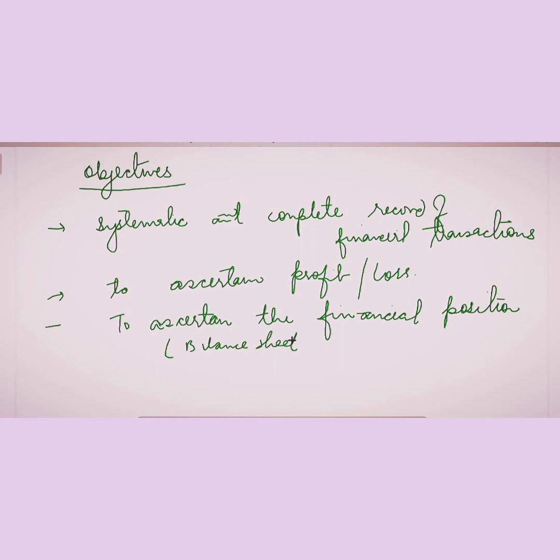In the balance sheet, the left hand side is shown as capital and liabilities, and the right hand side is shown as assets. From here we know the financial position of the company.